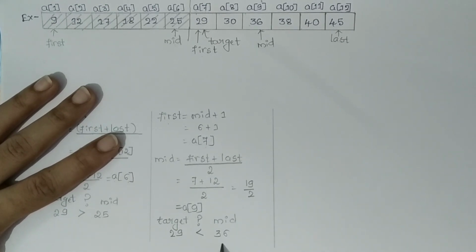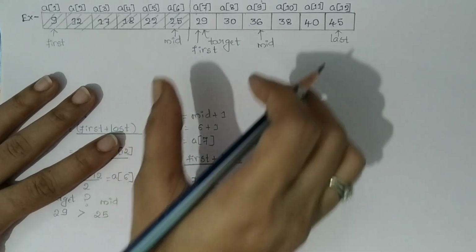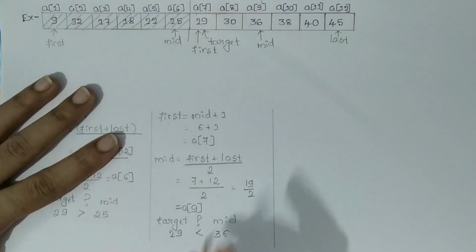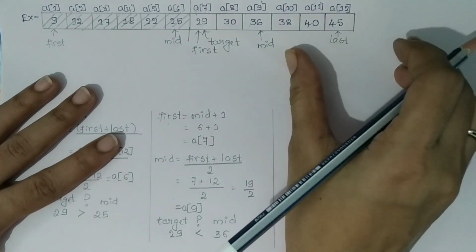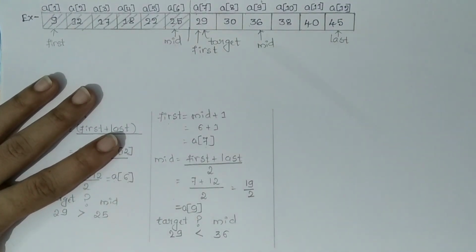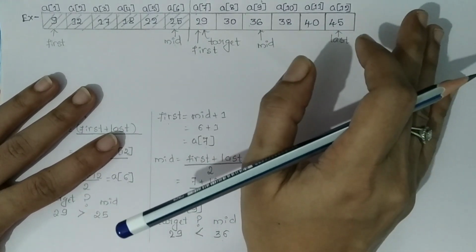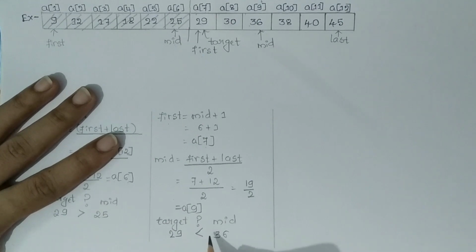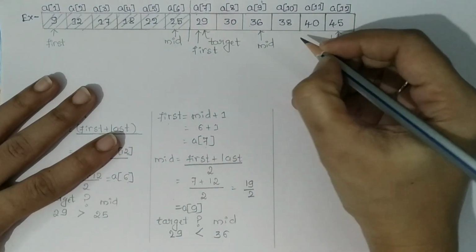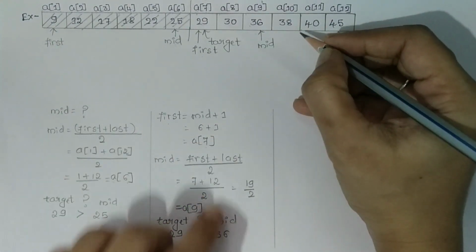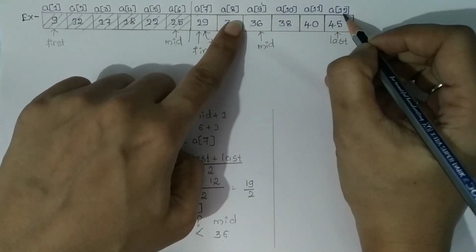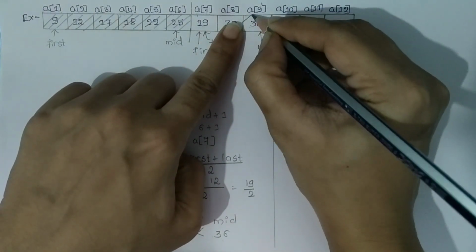It means target value is present in the lesser part of the list, that is the first part of the list, not in the second part of the list. It is not present in the second half of the list. So we can eliminate this part, that is from array of 9 to array of 12.